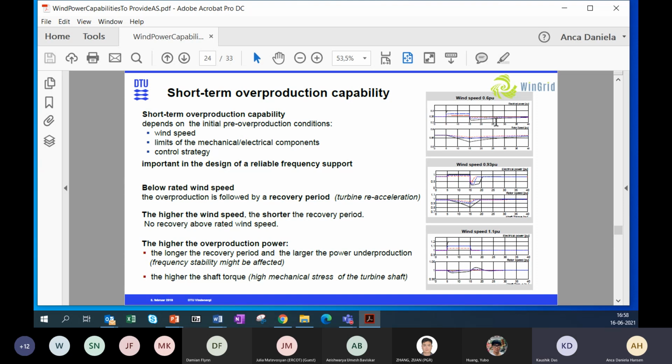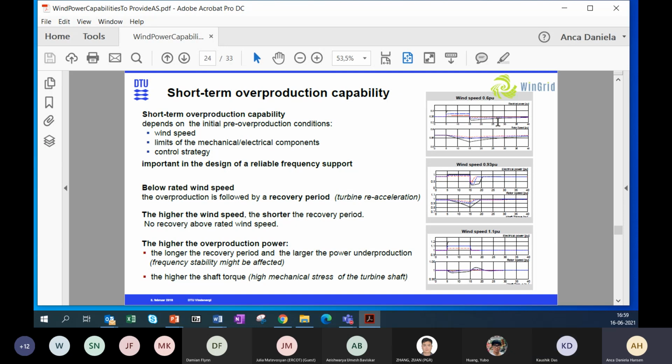Here we show how the wind turbine reacts when different steps in the active power requirement are expected, and this is done for different wind speeds. What is crucial here is that this capability depends on the wind speed, on the mechanical and electrical limits of the components in the wind turbines, and on the control strategies. This is important for reliable frequency support.